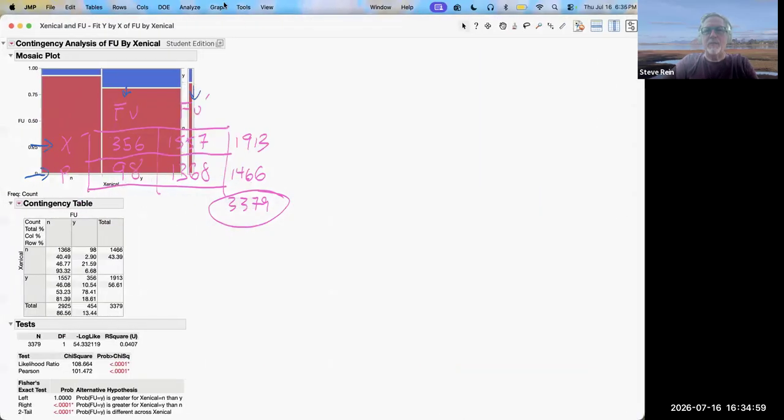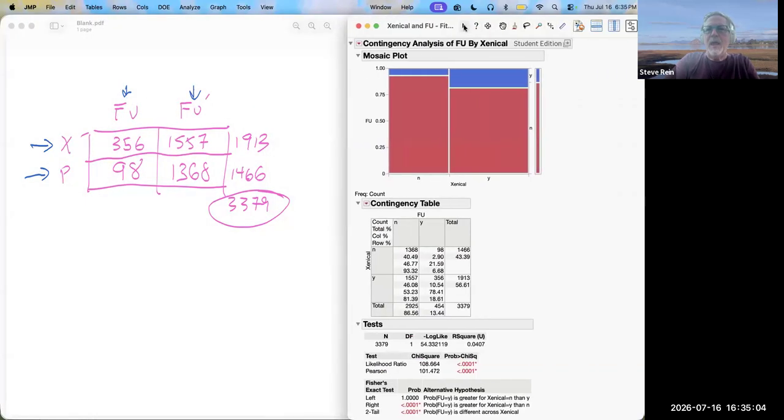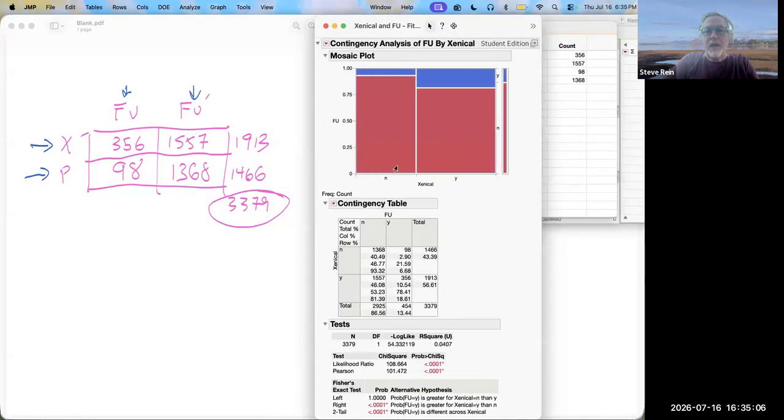what is sometimes called a mosaic graph or a mosaic plot. And what I see with this is, okay, so I am taking Xenical in the right. I'm not on the left. The rate of fecal urgency in blue. It seems as though the rate of blue is sort of different between the two situations. One might even say it's a little bit higher on the right than on the left.